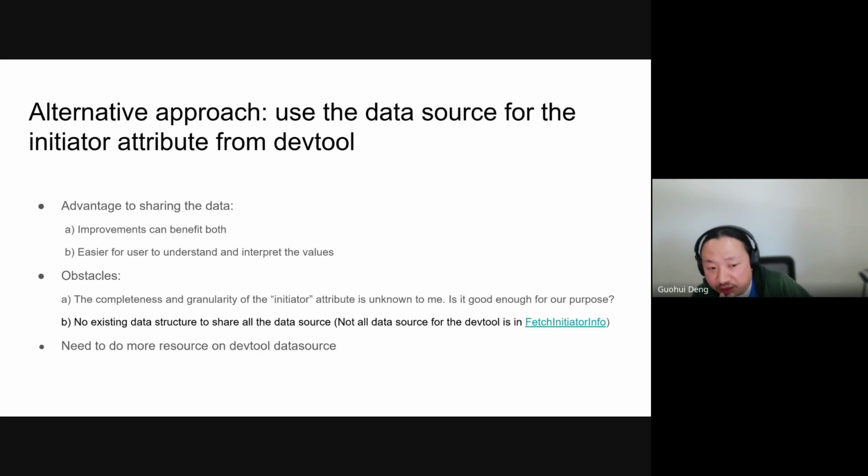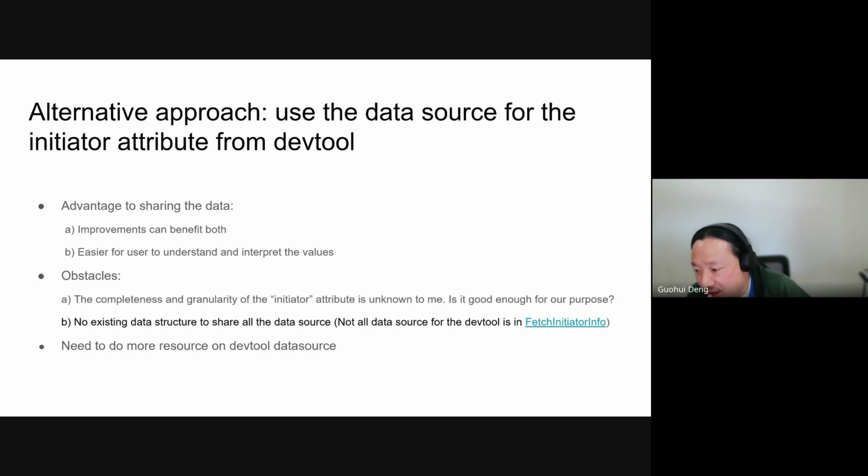However, I just took a quick look at Chromium. First of all, I'm not sure how good the data source from the dev tool is. Is it complete, or accurate enough for our purpose?